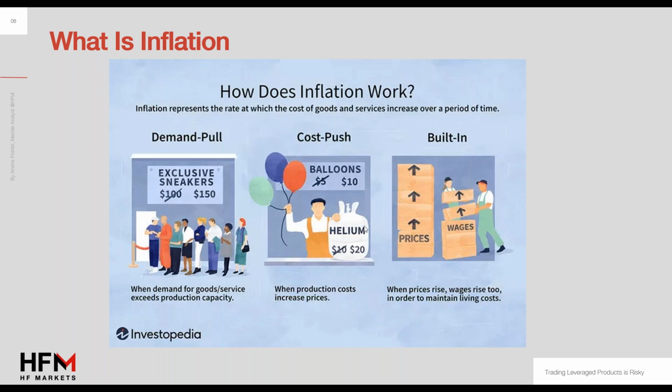Demand-pull inflation occurs when an increase in the supply of money and credit stimulates the overall demand for goods and services to increase more rapidly than the economy's production capacity. So this increases demand and leads to price rises.